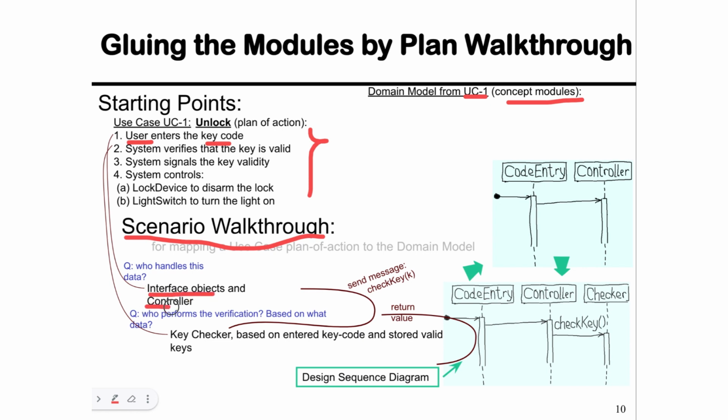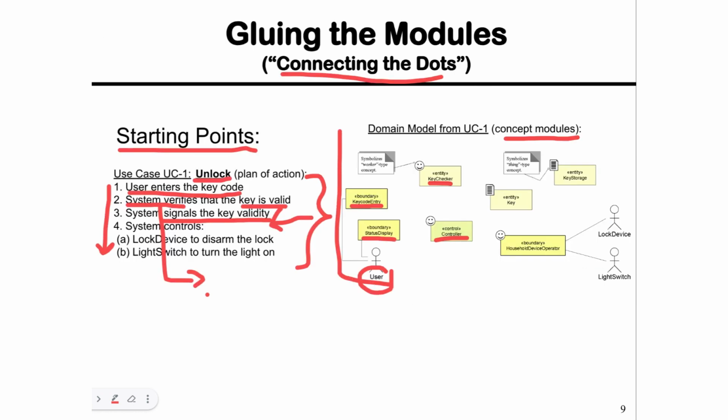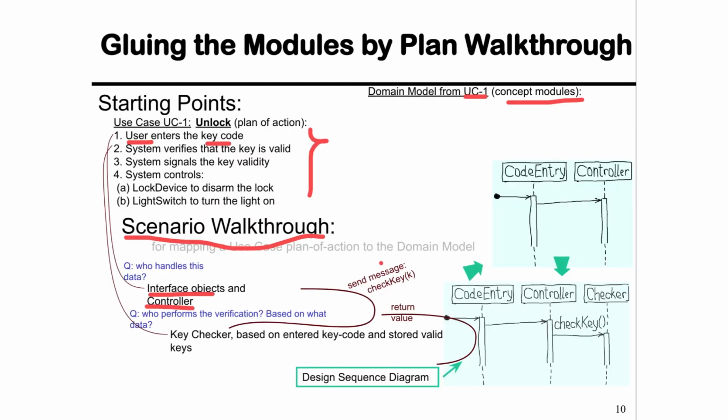So controller is responsible to mediate between every interaction in your dynamic model. So for that purpose, we identify controller and interface objects, or as we said, boundary objects, are engaged in this process. So this is the first question that helps you to identify the relationship between the domain model and the use case.